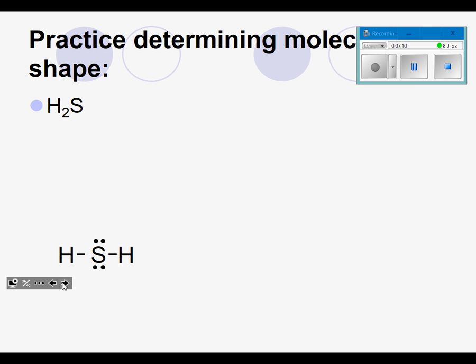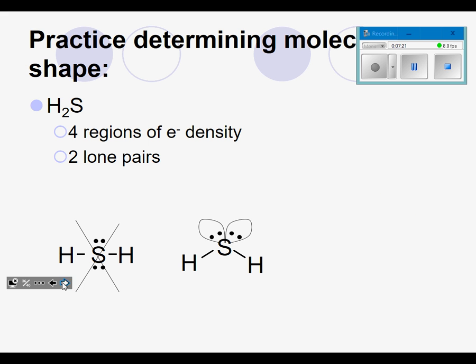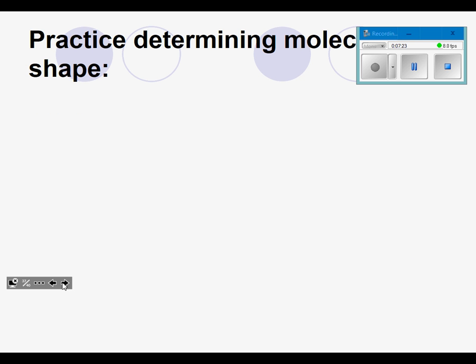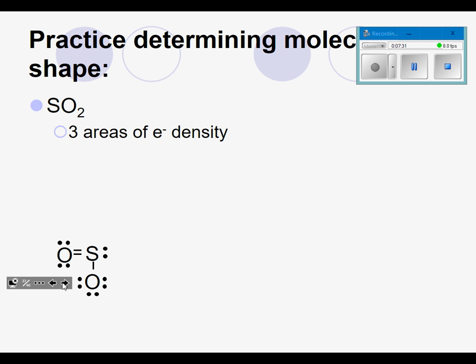We have H2S, so we have two elements bonded to the central atom and two lone pairs. Because there are four regions with two lone pairs, that would be bent. Then if we have SO2, okay, we have a double bond and a single bond, and we have three areas of electron density.